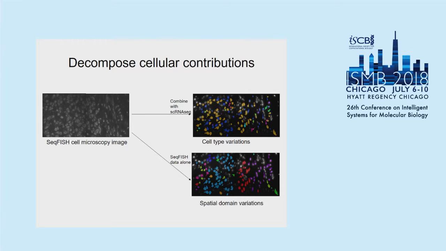This is a spatial clustering picture showing, using the spatial relationships between the cells as well as the gene expression, what domains of gene expression patterns are out there. Naturally, you can think that each of these decompositions will require a different set of genes. The cell type will require cell type markers, obviously, and the spatial variations would need genes that are spatially coherent.